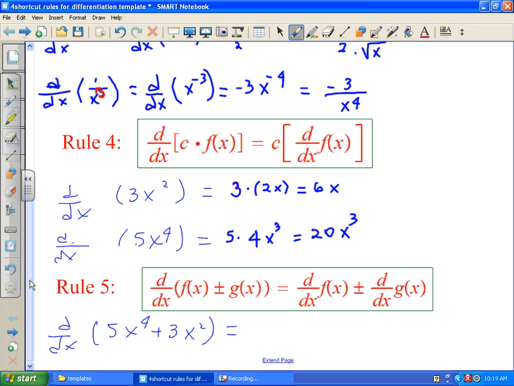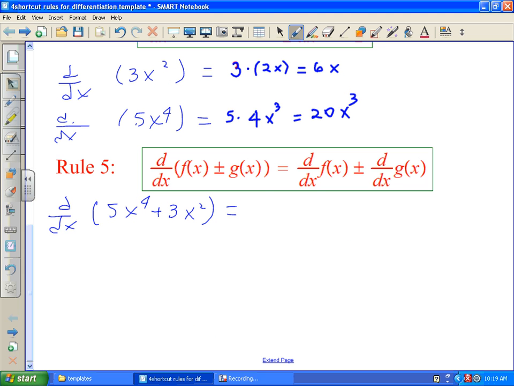So let's write down the answer. Since we have a plus between the expressions, we can go one piece at a time, basically. Differentiate the first piece plus differentiate the second piece.